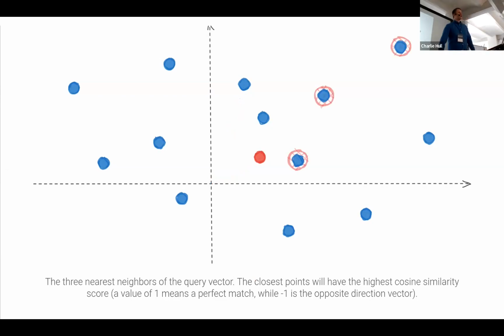Here, because the distance is based on the angle, those points marked with red would be the closest ones to the query. That might be counterintuitive if you are just looking at this two-dimensional space. We are usually working with high-dimensional vectors, a few hundred at least, so it's really harder to visualize them.